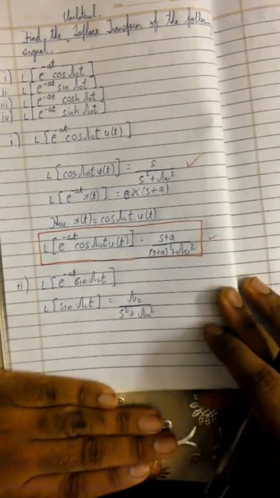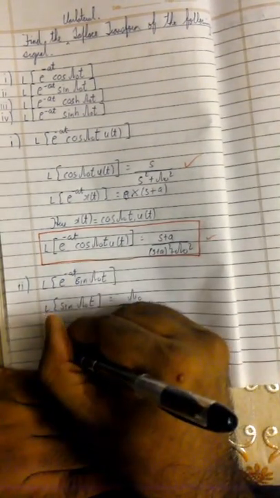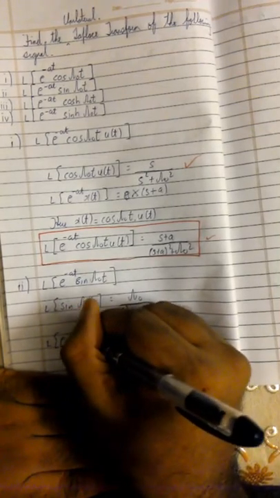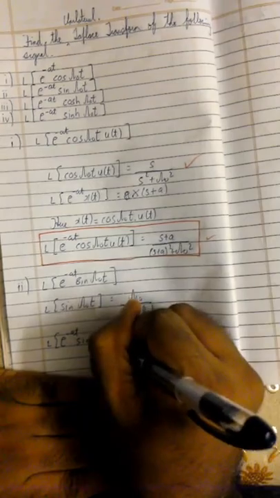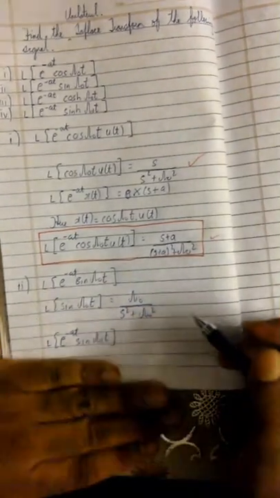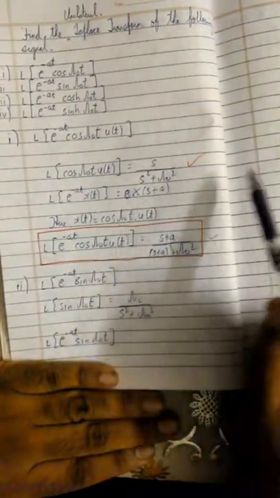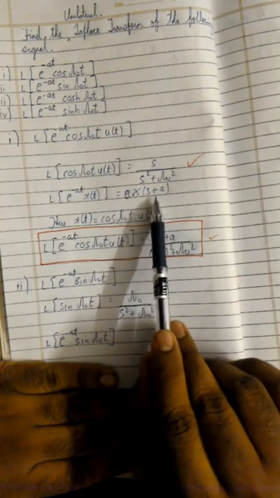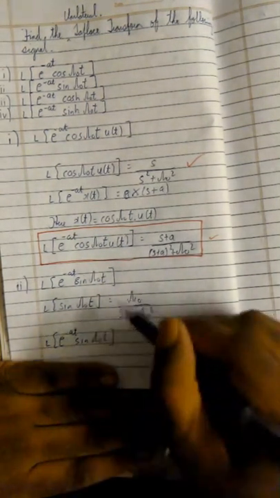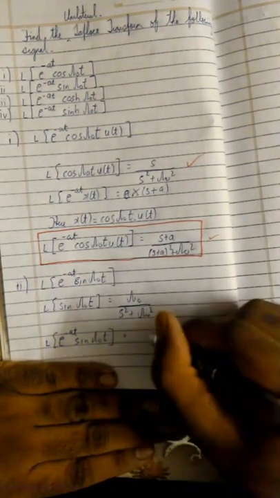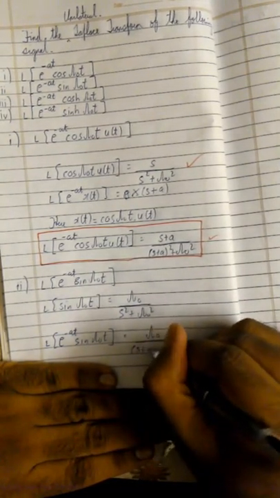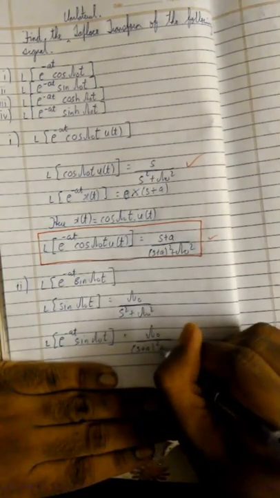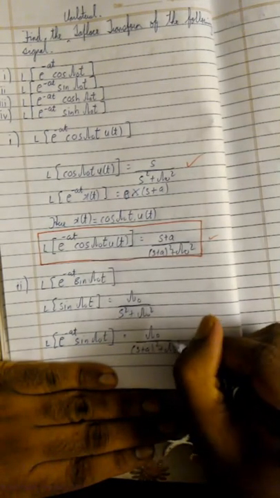Now the Laplace transform of e raised to minus at sine ohm 0 t, by applying the same frequency shifting theorem, x of s becomes x of s plus a. That means replace every s that you see here with s plus a. So this becomes ohm 0 by s plus a the whole square plus ohm 0 square.